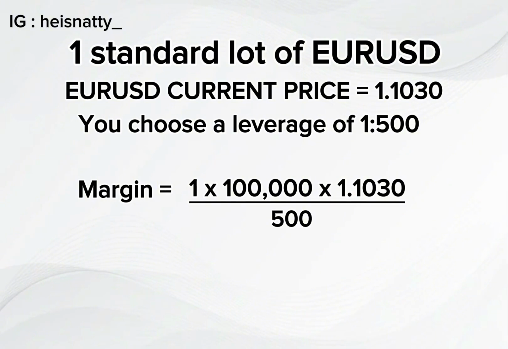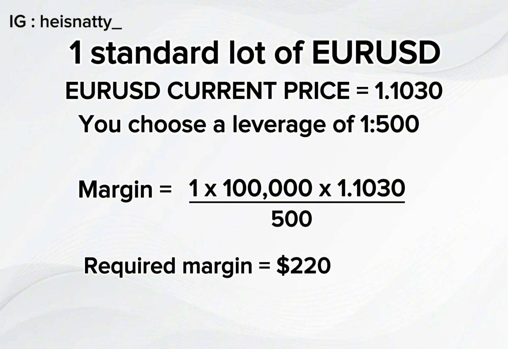So you say 1 times 100,000 times 1.1030 divided by 500. If you do the math, it's going to give you $220 US. So the amount of the required collateral decreased by 5 times. $220 is the amount you will now need in order to place a position on Euro USD to buy one lot size.